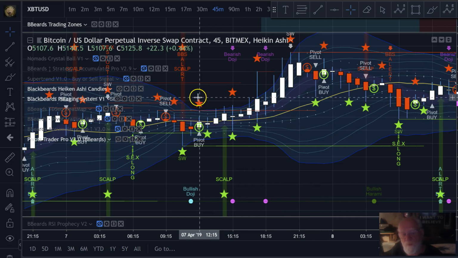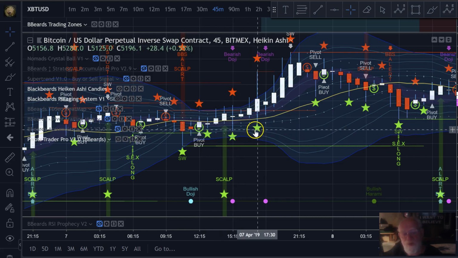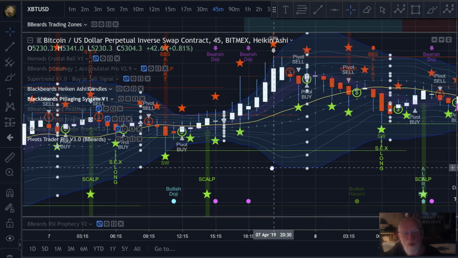But me, I like the high entry signals, but there tends to be a few. And I don't have the settings set on this for this time frame, so it's going to be a little weird.